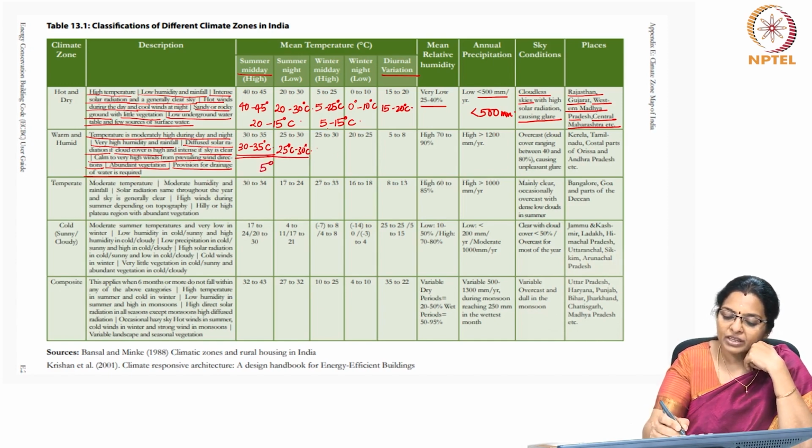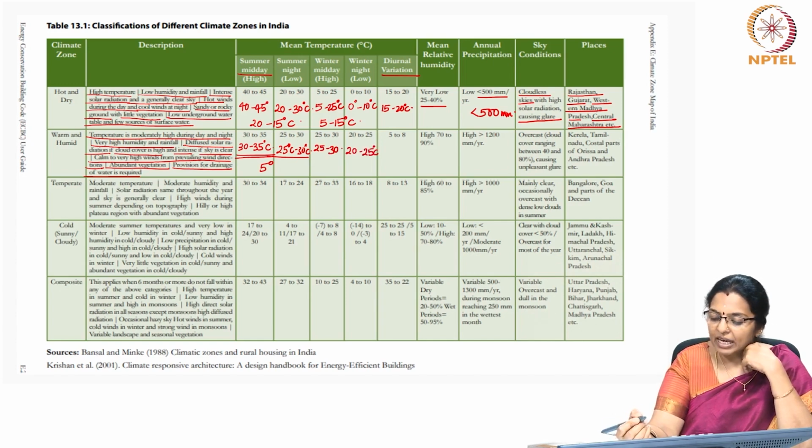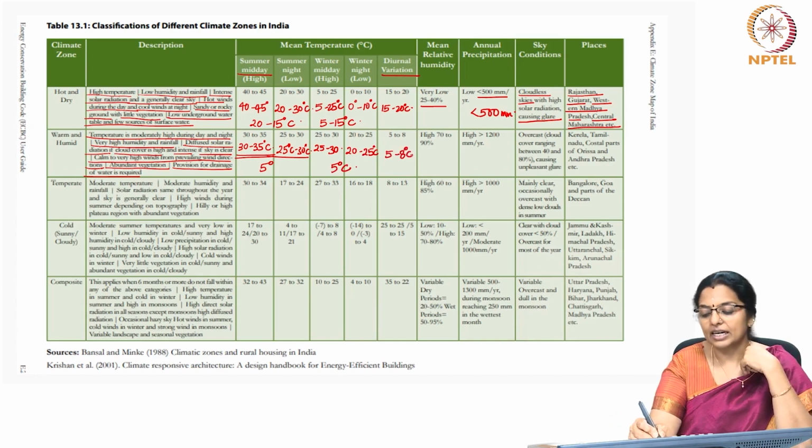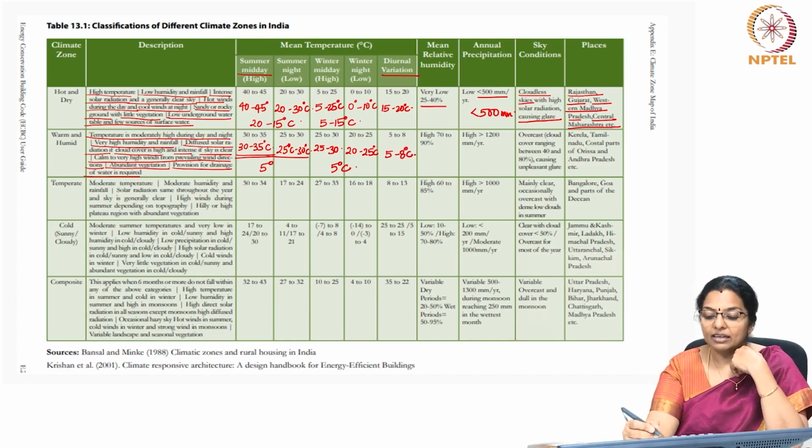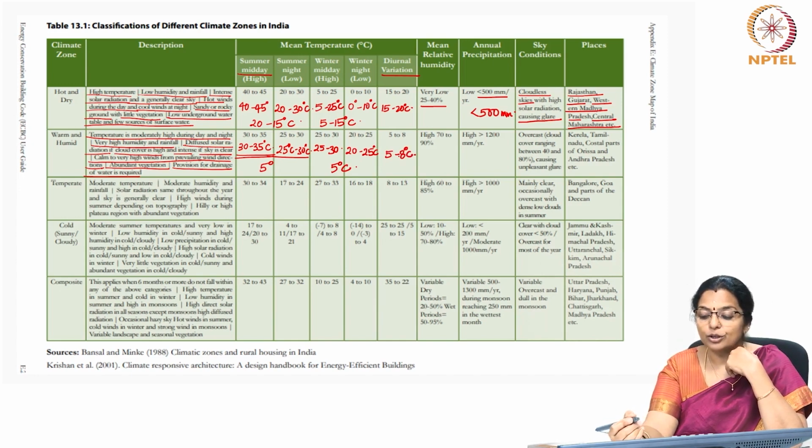Winter midday ranges between 25 to 30 degrees centigrade and winter nights the temperature is between 20 to 25 degrees centigrade. This again makes the diurnal variation only 5 degrees centigrade. So, the diurnal variation is between 5 to 8 degrees centigrade, unlike hot and dry, where the diurnal variation is about 15 to 20 degrees centigrade.